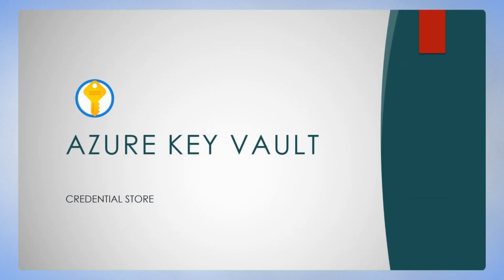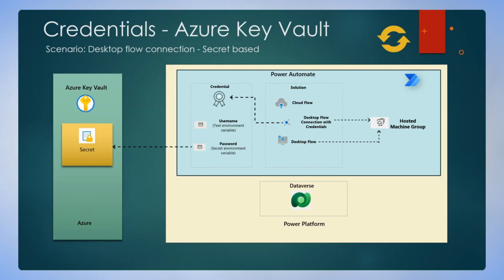All right, let's take a quick look at the Azure Key Vault-specific credential store and how credentials can be configured using this. You have seen this in my previous video, but there is a new update in the recent months. I'll talk about what the new change is, but let's take a look at this overview diagram.